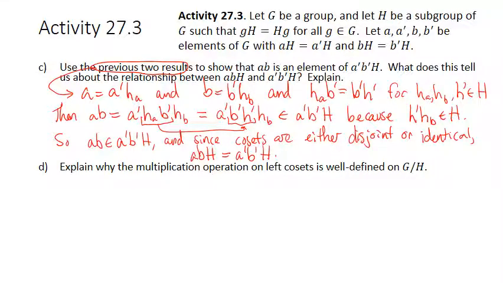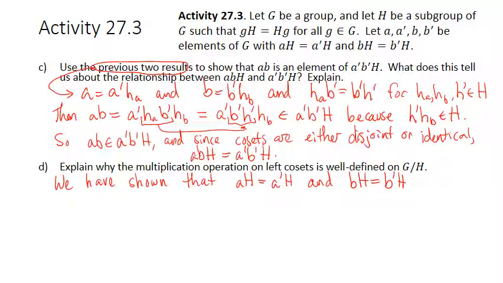Okay, so part D, explain why the multiplication operation on left cosets is well defined on G mod H. So what we've shown here is the following. We've shown that if we represent a left coset using two different elements, A and A prime, which are both in that coset, and the same for B, if we represent BH by two different representative elements, B and B prime, we still get the same thing when we multiply them together.